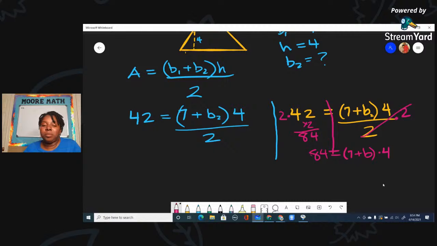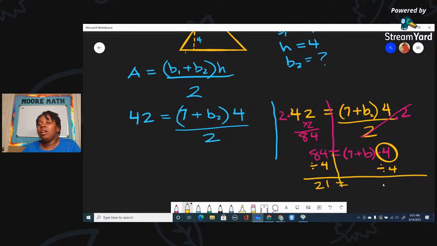Now I have this multiplication here, and I want to get rid of it. So I do the opposite: instead of multiplying, I divide both sides by 4. We're slowly chipping away at this to get rid of each thing one at a time. On the left, 84 divided by 4 is 21. 4 divided by 4 is 1, and 1 times all of this is just itself, 7 plus b.